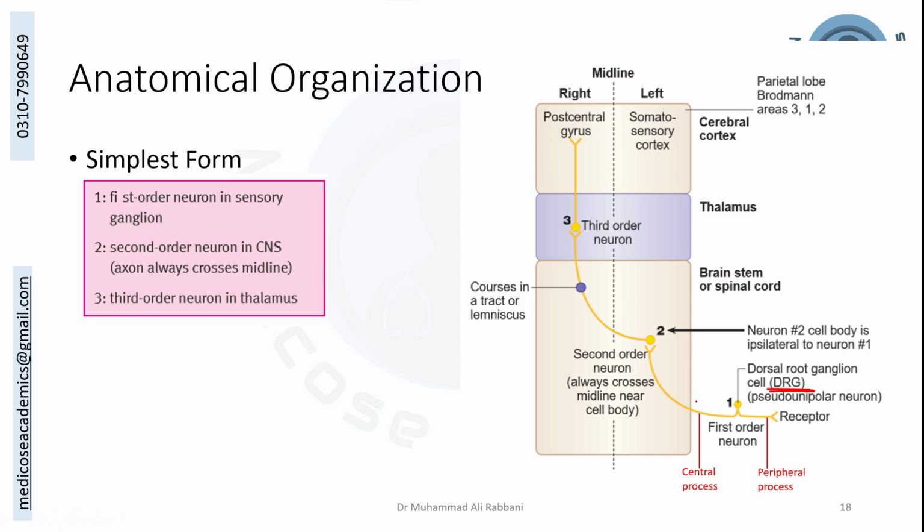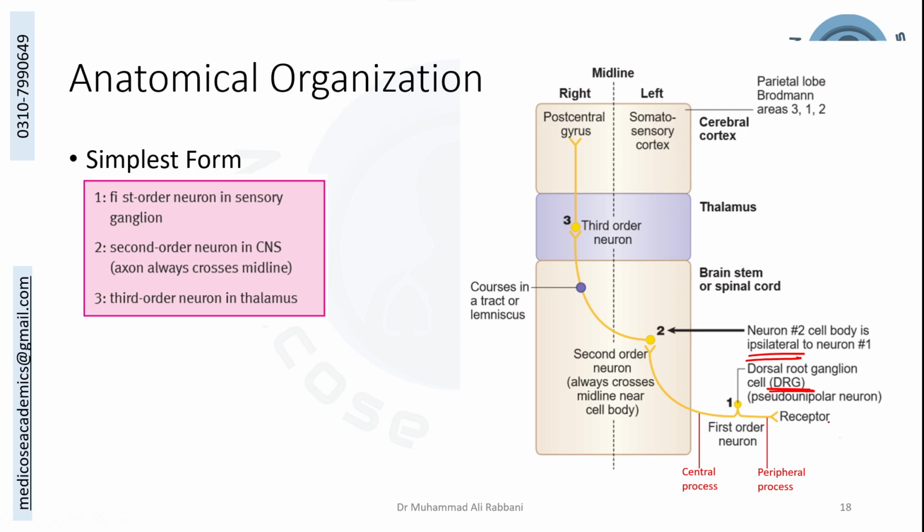The central process of this neuron enters the CNS and terminates by synapsing with the second order neuron. The key point to mention here is that the synapse with the second order neuron is ipsilateral to the receptor.